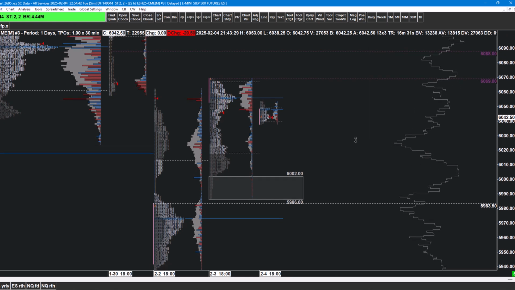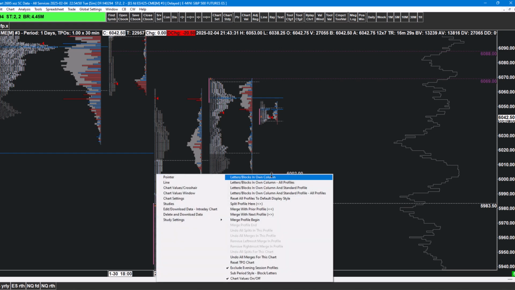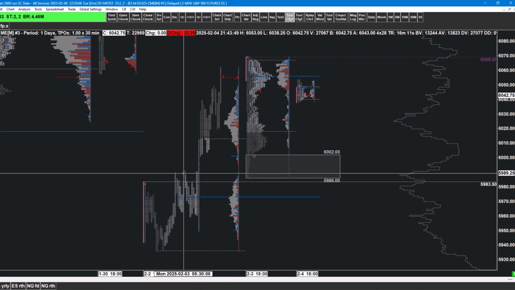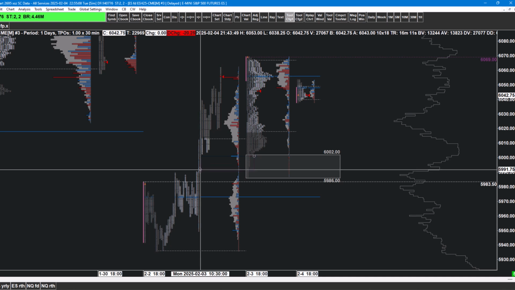All right, so those are some of the main things I look at on the market profile whenever it comes to levels, right? And obviously we have our single prints, which here we had our single print, and then the 2 period. So the 2 period was essentially like something like this. So this is resistance, got ran through with the single print.